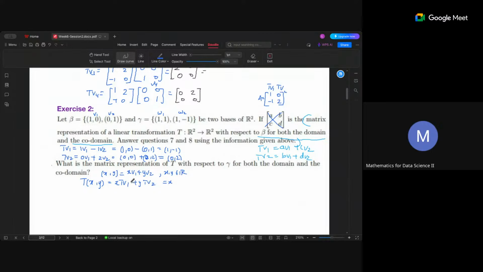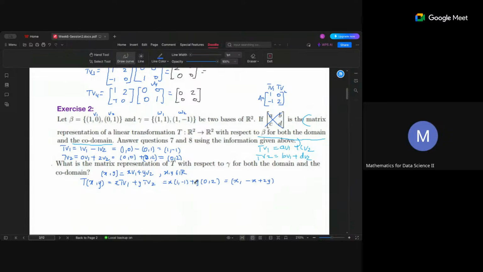So what is T(v1)? Have we already computed T(v1)? Yes, (1, -1). And T(v2) is (0, 2). Now do we have T(x, y)? Simplify this and tell me. (x, -x plus 2y).